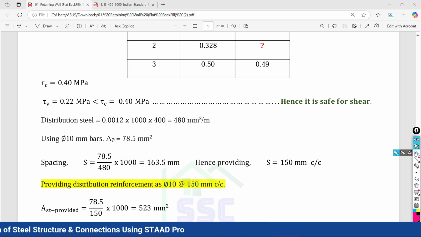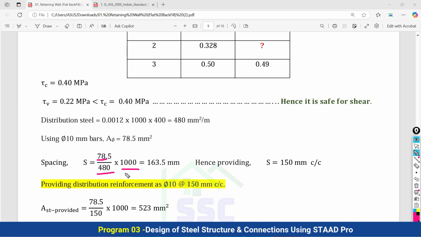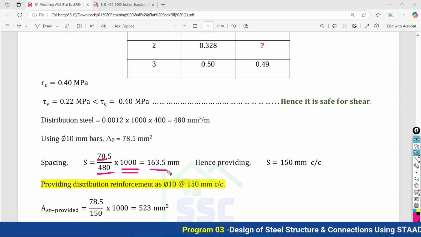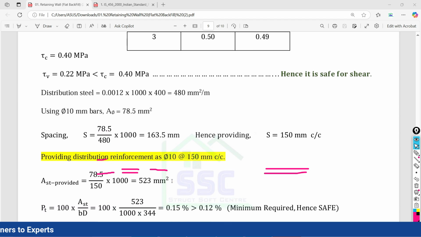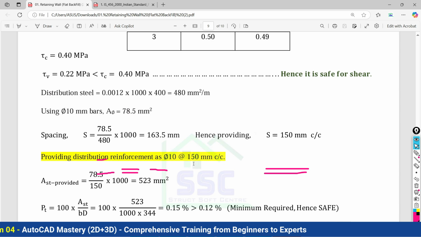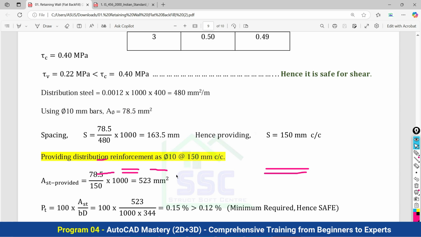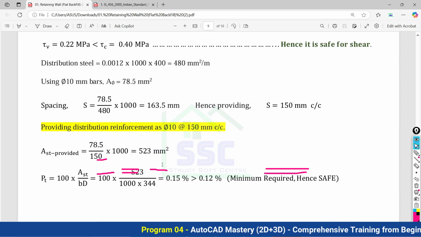Unit area divided by total area in demand, multiplied by the considered width of the design, gives 163. We are going to provide the spacing as 150 mm center to center. So finally, the distribution reinforcement is 10 mm diameter bar at a spacing of 150 mm center to center, throughout the height of the cantilever portion of the retaining wall.